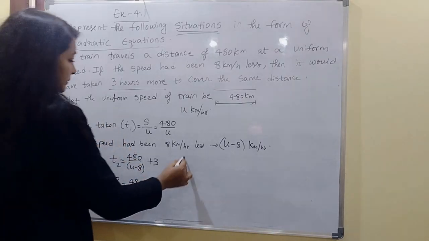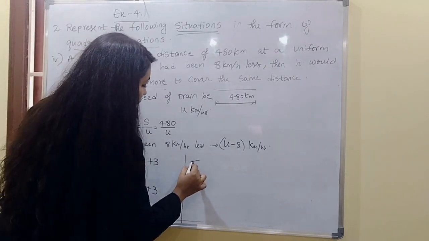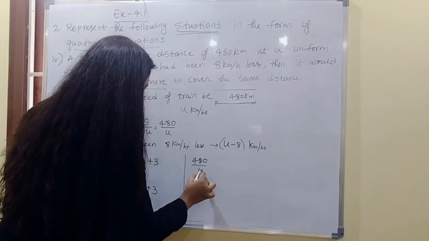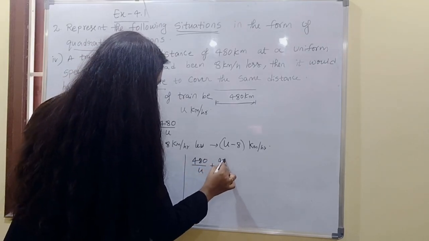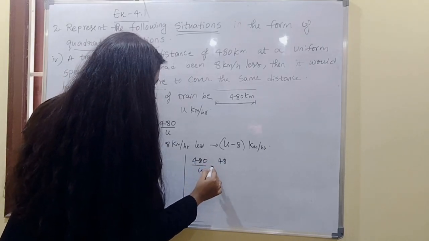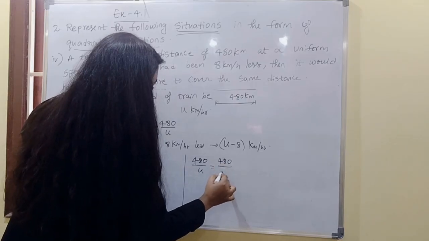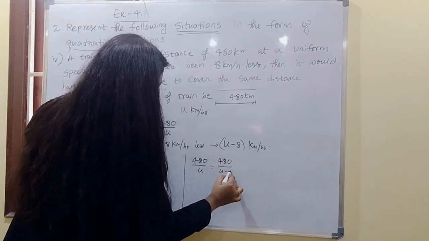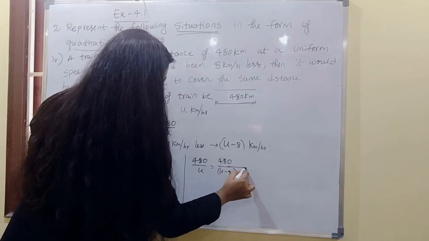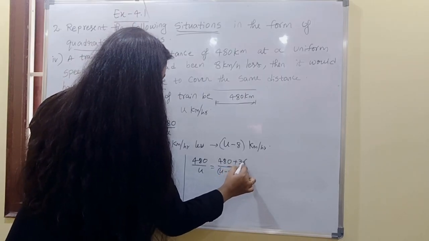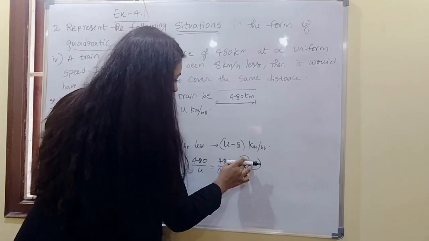Take the LCM: 480 by u is equal to 480 by u minus 8, plus 3 into u minus 8.